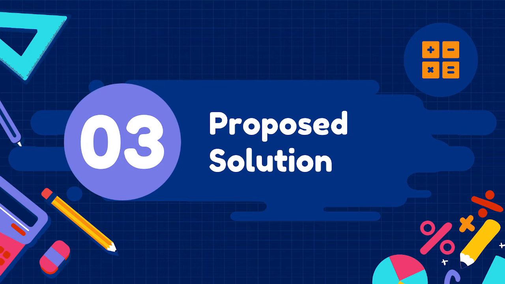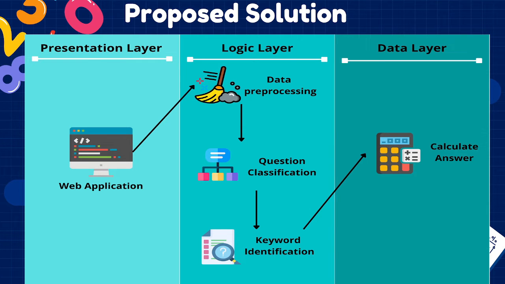Next, we will look into the proposed solution of this research. For the proposed solution, this is the high-level architecture diagram. In the presentation layer, the web application is presented, and then in the logic layer, when the user has entered the mathematical question, first the system would pre-process the question, as it might contain unwanted characters such as punctuation and ASCII values that are not identified.